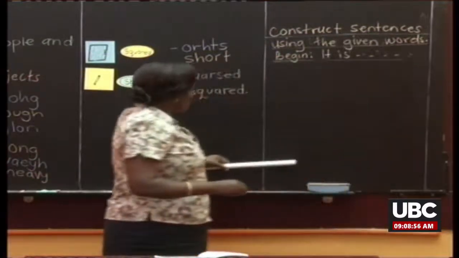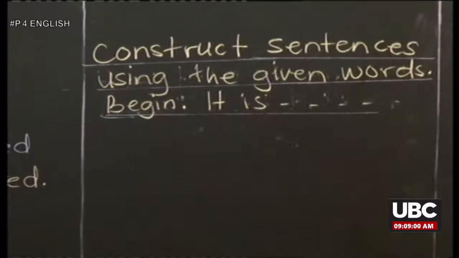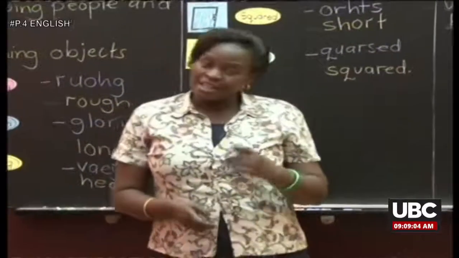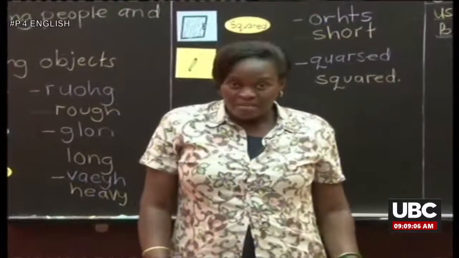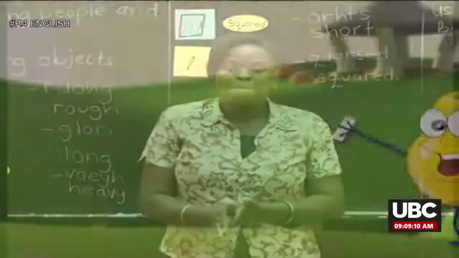Our instructions. Remember, children, always to follow the instructions. So before we get the sentences, let's go for a short break. We shall come back and we'll continue with our sentences.